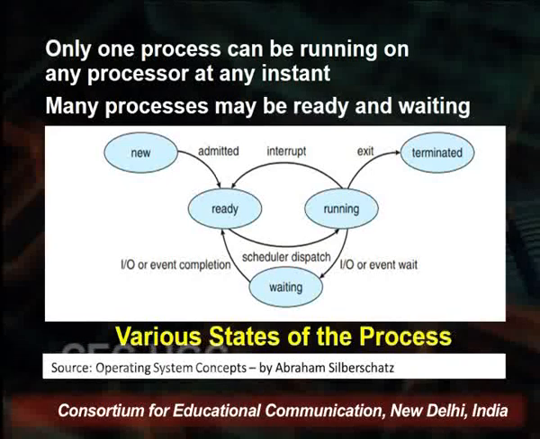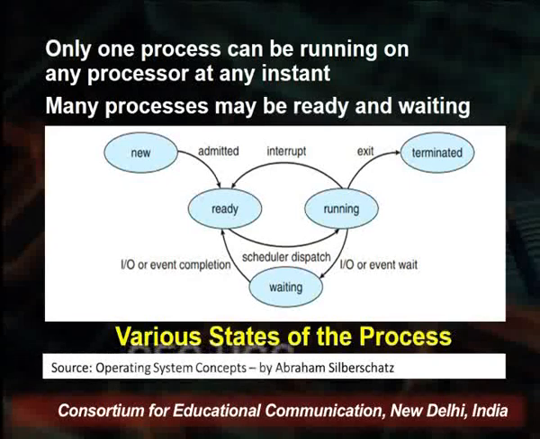Other processes which are even loaded into the memory may be ready or may be waiting. So, only one process can be in the state of running. Other processes will be either in the state of ready or waiting, or maybe they are new to the system, they have just arrived, or they are terminated, that means they have already exited.